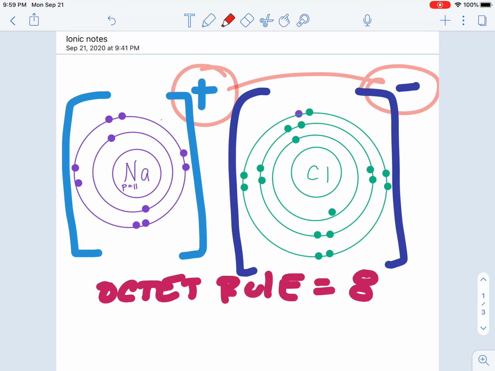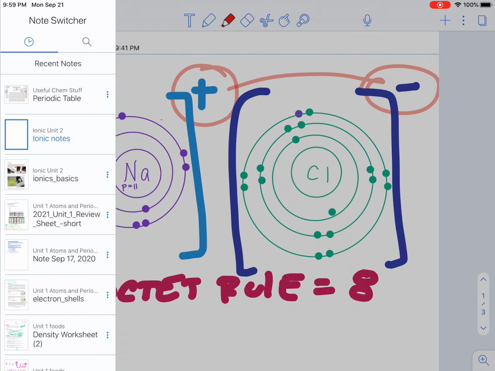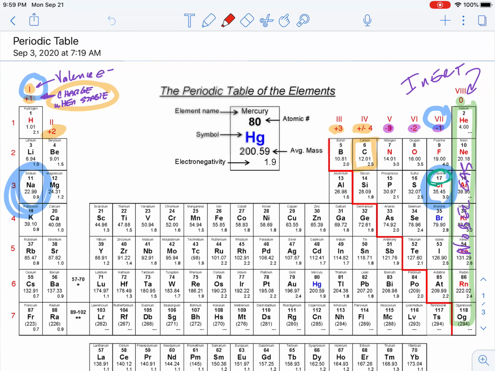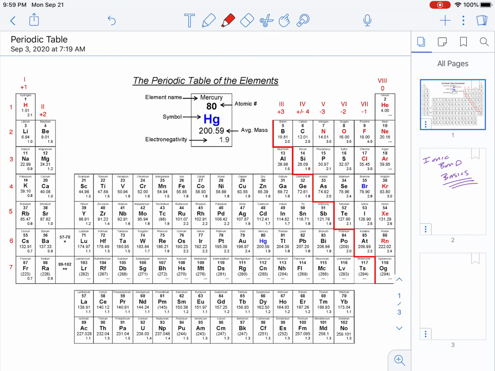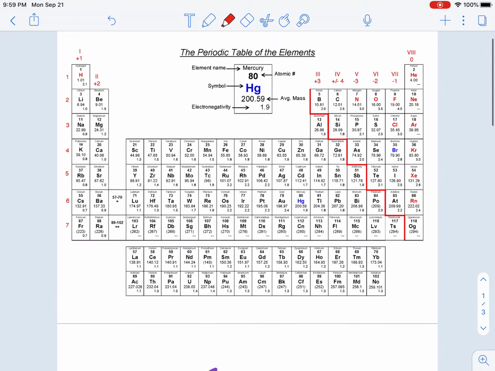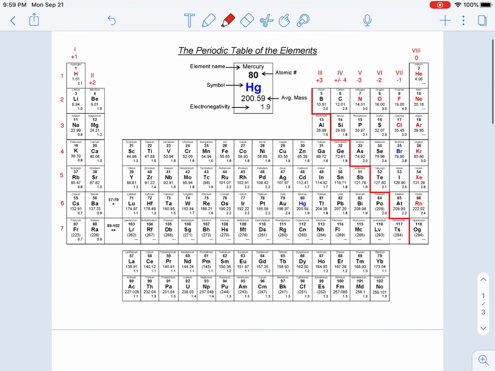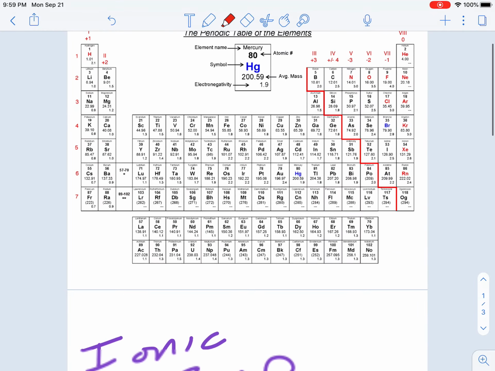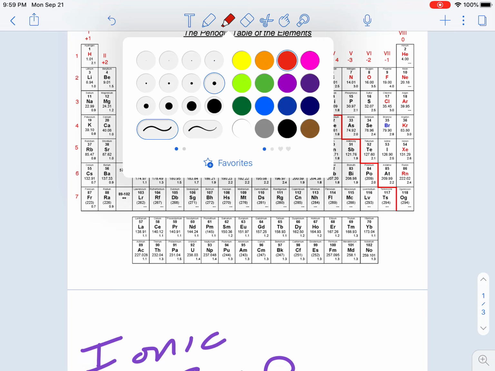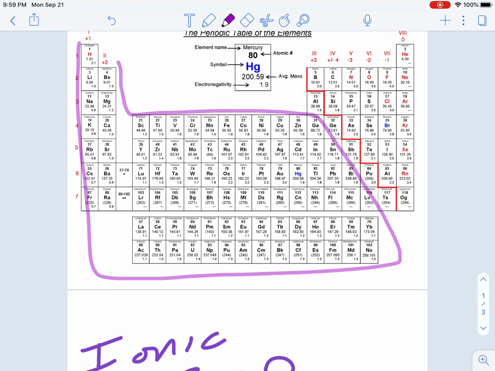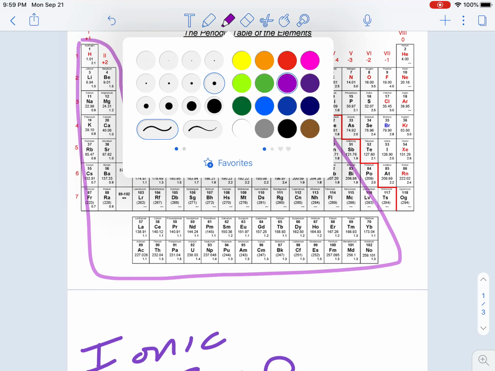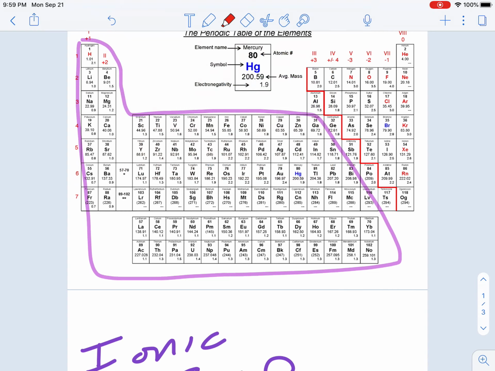Okay, ionic compounds, let's go back to our periodic table, are made up of 2 things, and you can state this a couple different ways. So again, we have to identify and remember, I have my metals over here. I'm going to kind of squeeze over the metalloids there. And I have the non-metals over here.